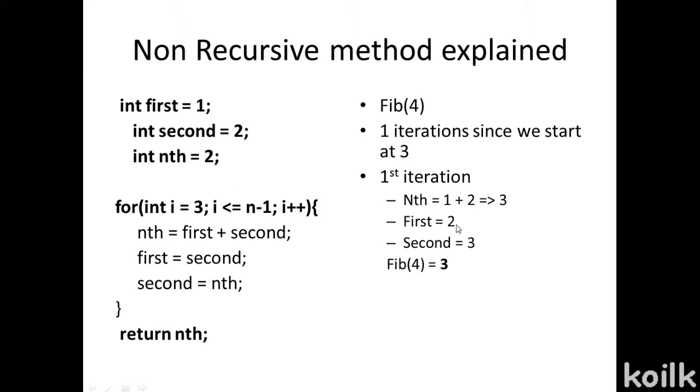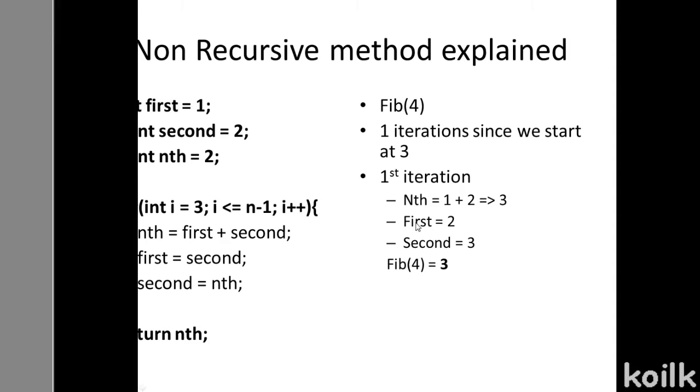Now the first is going to be set equal to 2, and the second is going to be set equal to nth, which is 3. And fib of 4 will be equal to nth. See? And then we're returning nth, which will ultimately be 3. And if you were to enter in another number, let's just say you entered in 5, you would have to loop through this twice instead of only once.